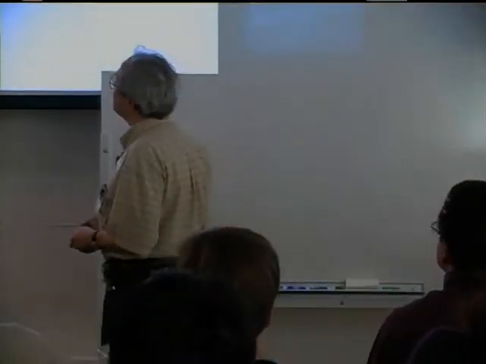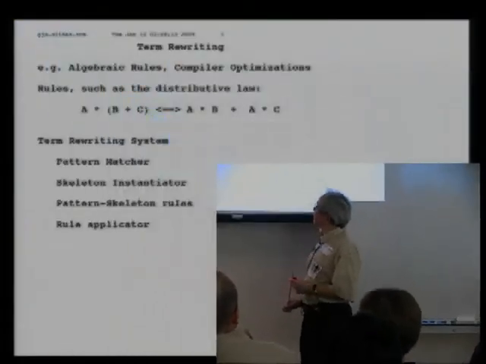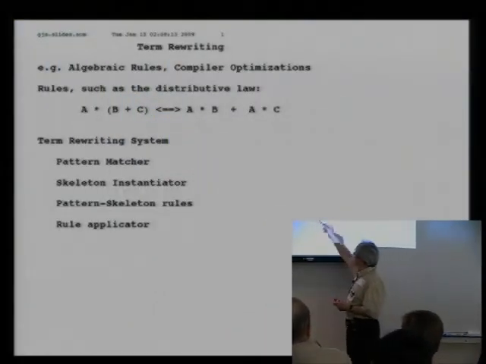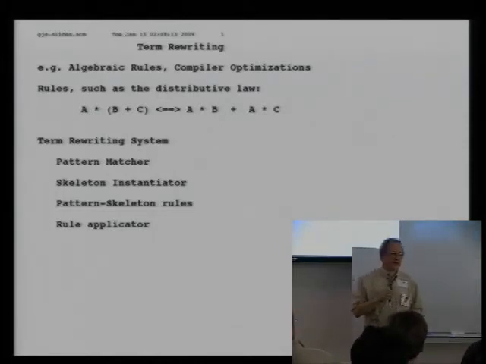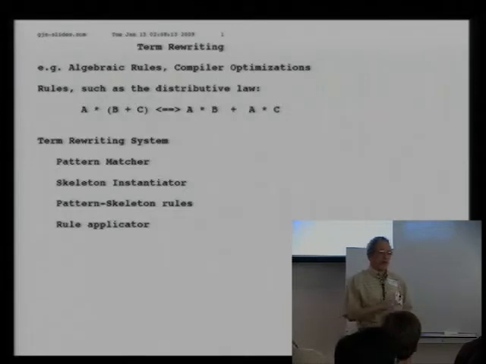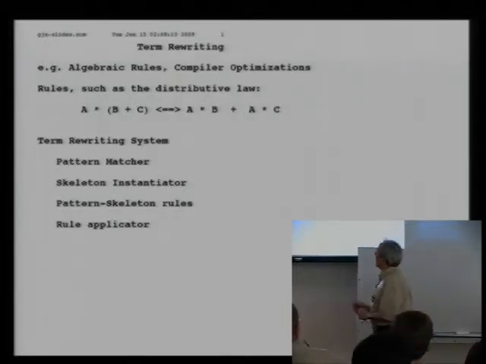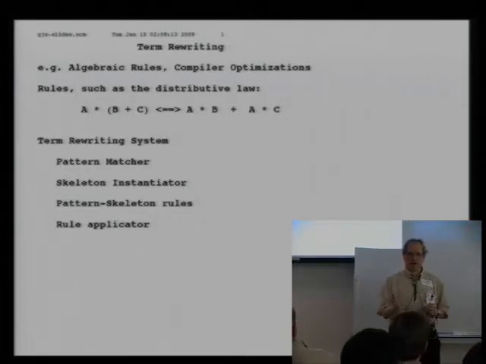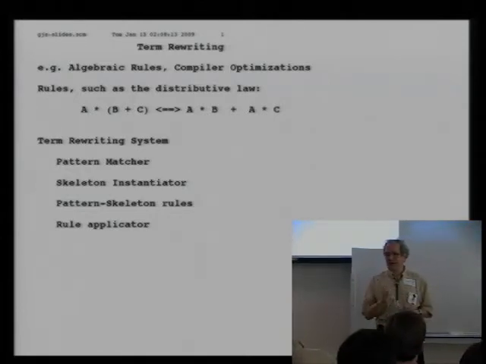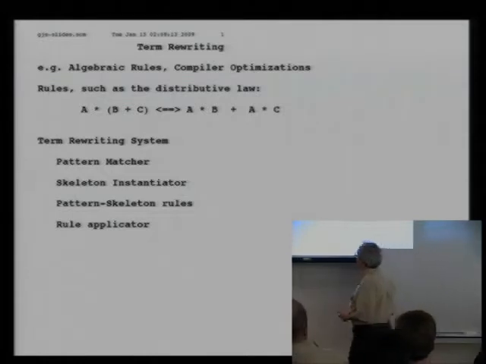Usually they're made out of pieces that are these parts. There's a pattern matcher and a skeleton instantiator. The pattern matcher says whether or not the rule, in some sense, matches some sub-expression you're looking for, and the skeleton is the thing that gets replaced by, with the appropriate variables in the skeleton replaced by things that were picked up from matching the pattern.